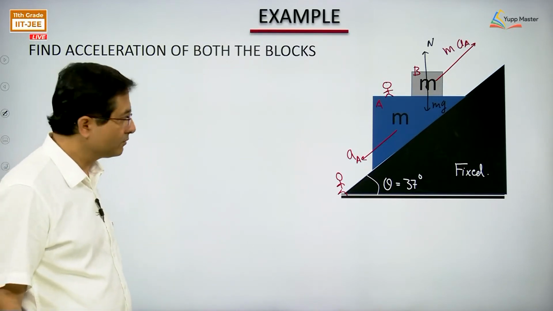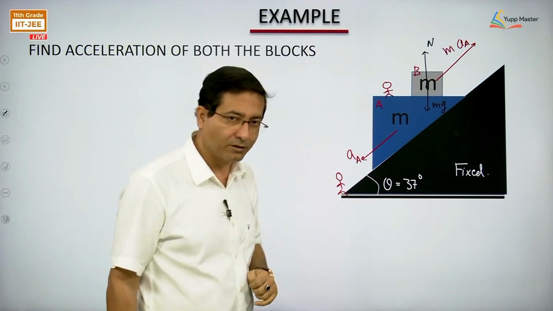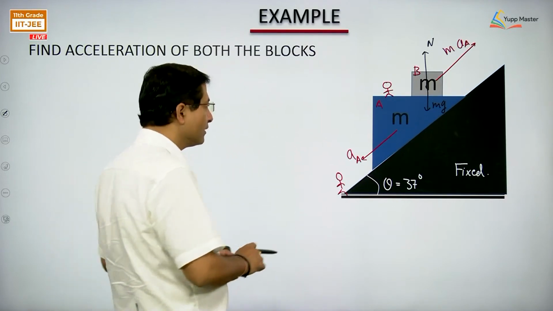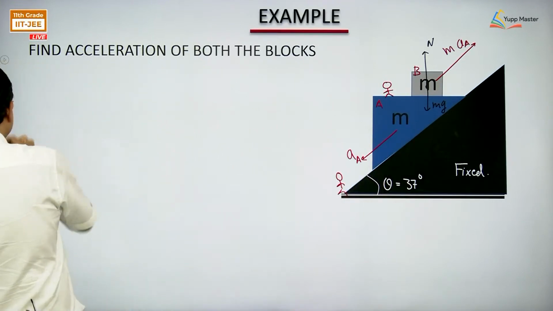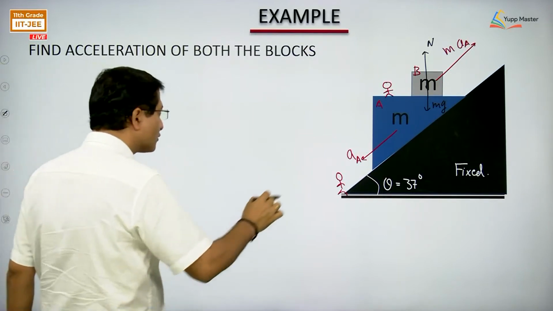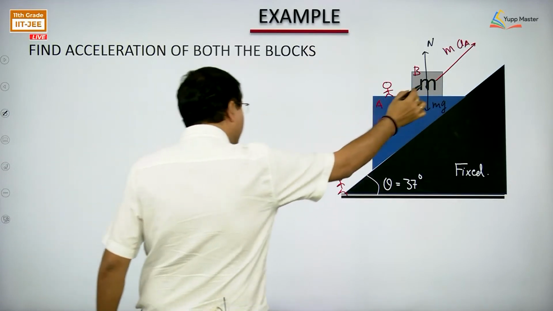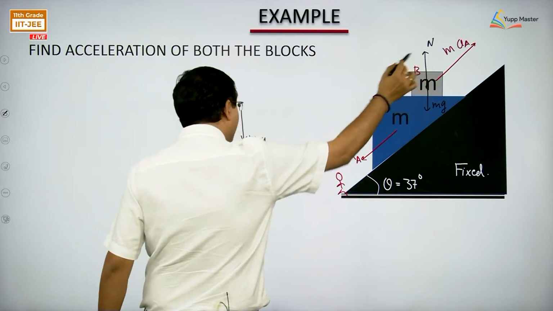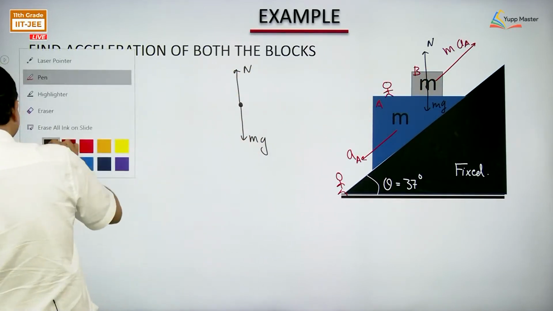So what I'll do, I'll observe the motion of A with respect to ground, because this is simple, along the plane it is coming in downward direction, and I'll observe the motion of B from this frame. So let's write equation. Separately, if I draw free body diagram of this block, mg acting downward direction, normal upward, and then a pseudo force.